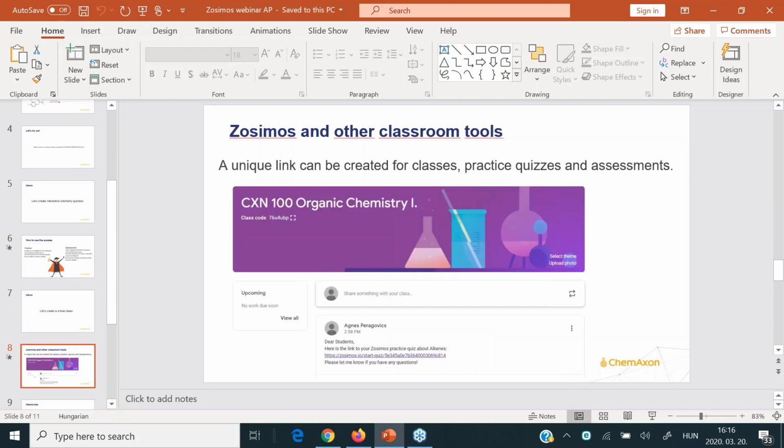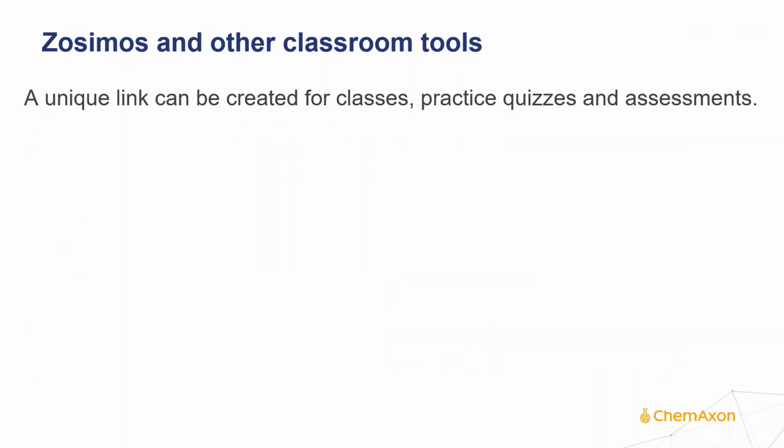And in the end, I just would like to say a few words about how you may be able to use Zosimos with other classroom tools. So you have seen that a unique link can be created for classes, practice quizzes, and assessments as well.